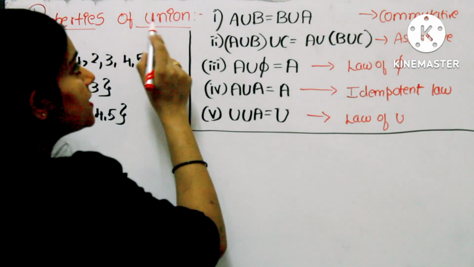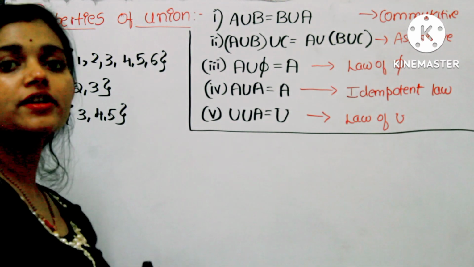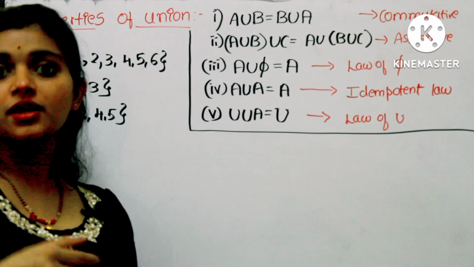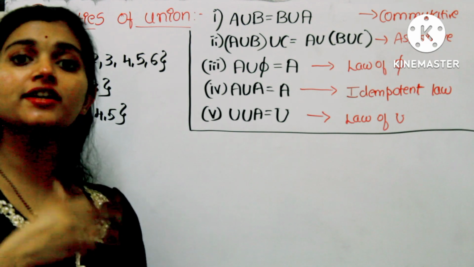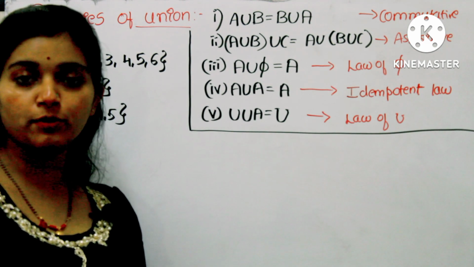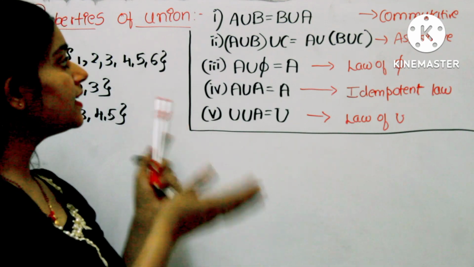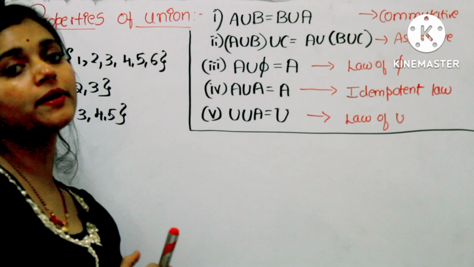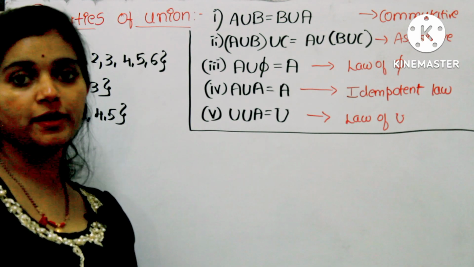Next is properties of union. You learned in earlier classes the properties of addition and multiplication. There we learned the commutative property and the associative property. Similarly, here the properties of union also hold: the commutative property and the associative property.